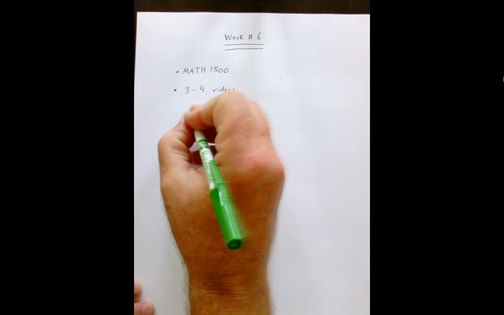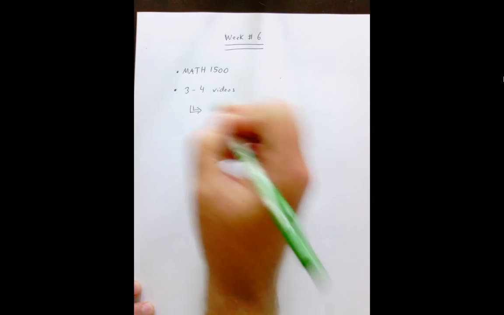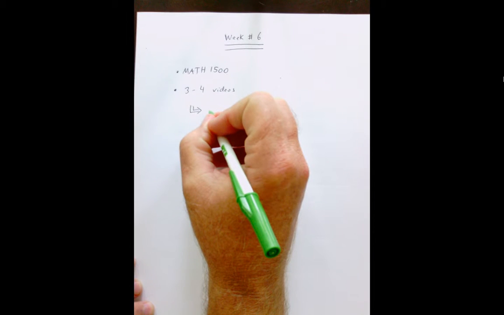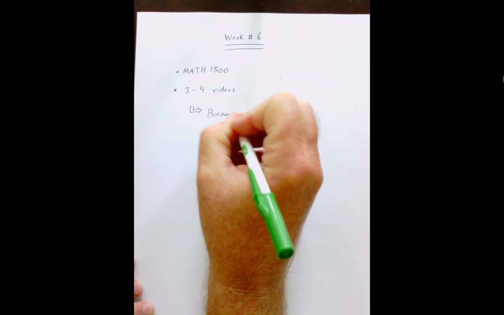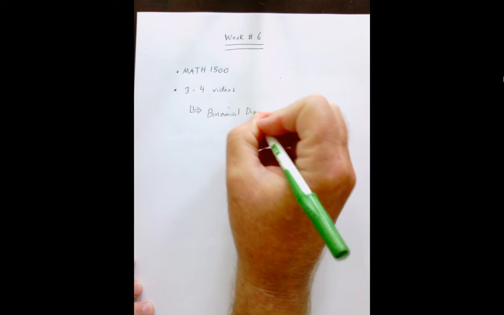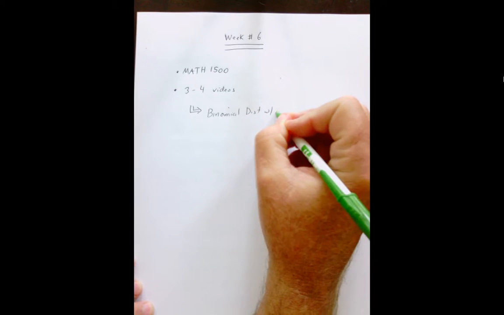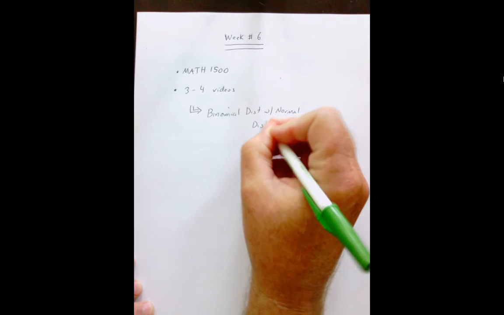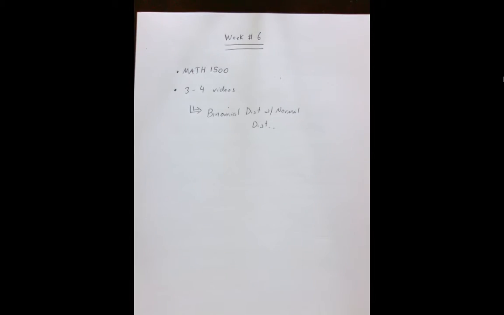But anyway, this week we're going to be looking at approximating binomial distributions with normal distributions. The notation is kind of crazy on these types of problems.